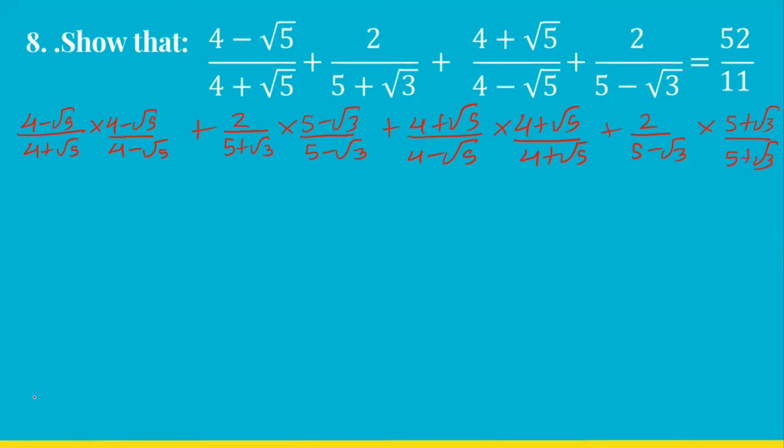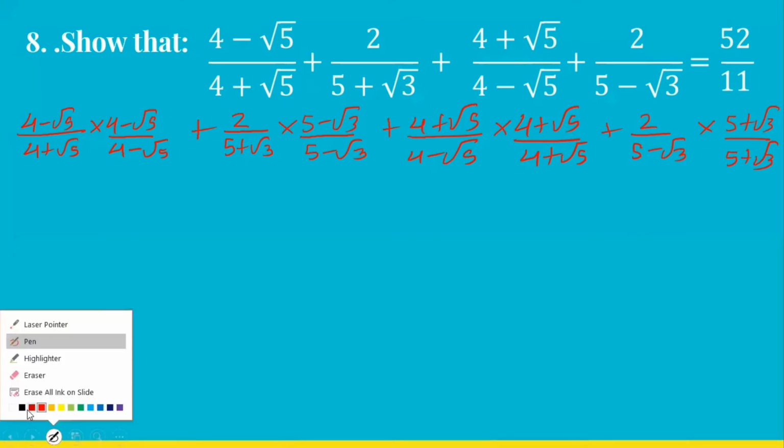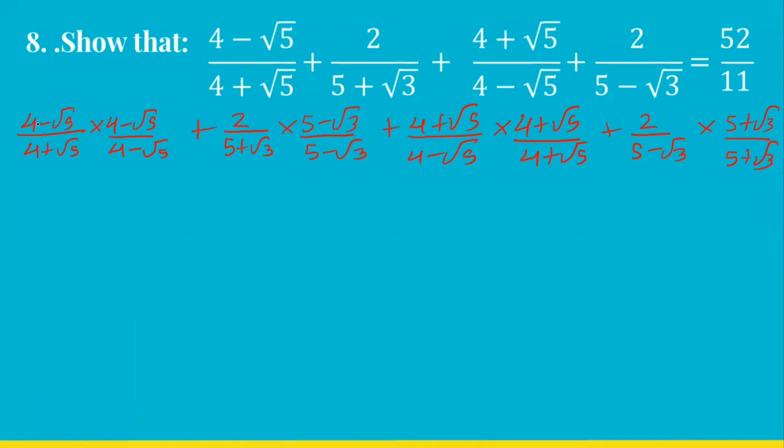So we now rationalize it. Let us simplify each of these further. On simplifying this, you get a minus b the whole square. Several questions we have solved like this. Now this you should be able to do in an easy way. So 4 minus root 5 the whole square is going to be 4 square, which is 16, minus 2ab, that is 2 into 4 into root 5, plus b square, that is root 5 square, upon a square minus b square, that is 4 square minus root 5 square.